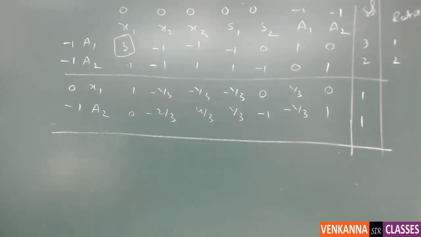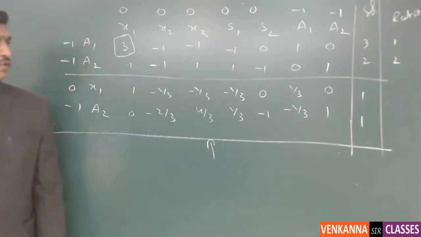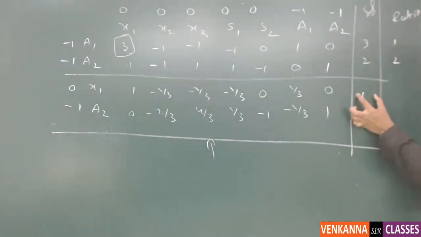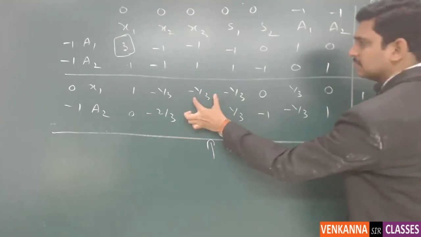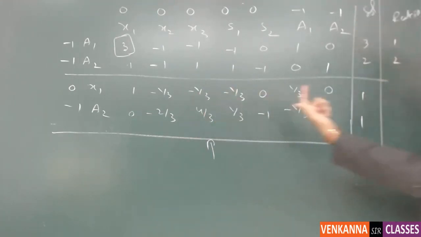All of you agree? The technique under two-phase method, how it is convenient to calculate the procedure, right? So this is the key column. To select the pivot element, what happens? This solution is divided with the key column entries. So here 1 divided by -1/3 gives a negative result.